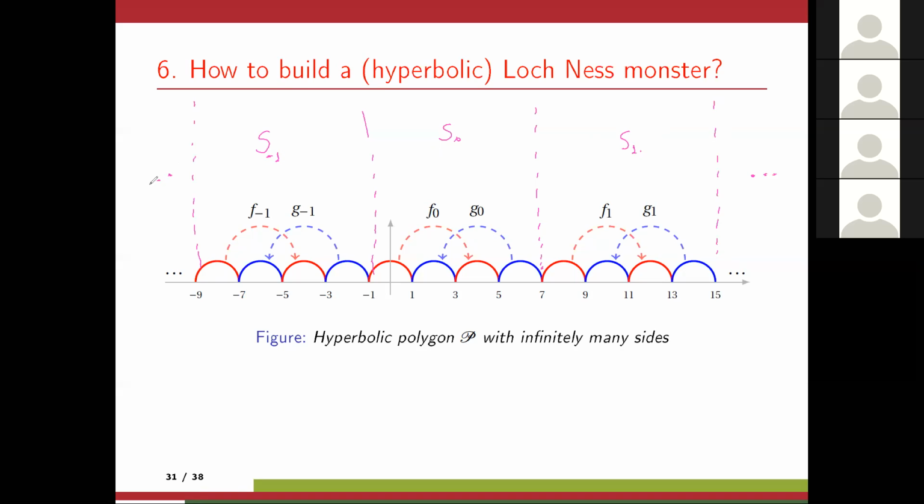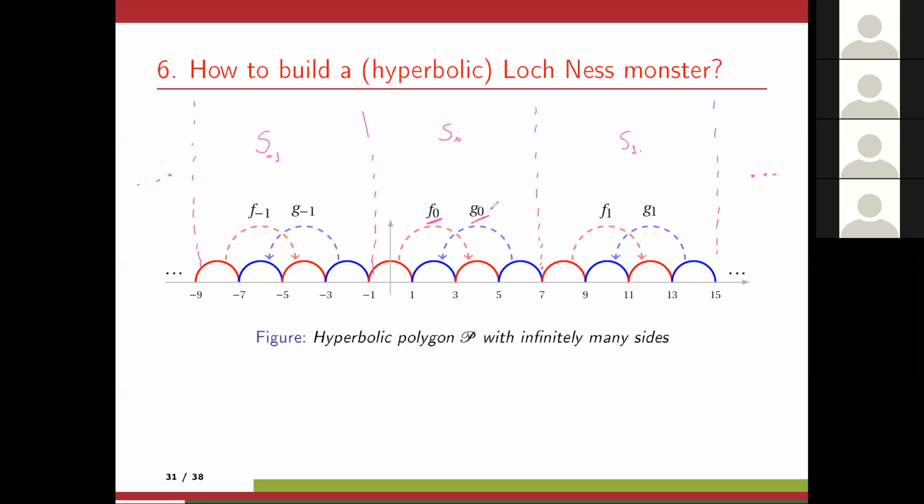Look at the first strip. There are 4 half circles colored red and blue. The red ones are identified using a Mobius map F0, and the blue ones using a Mobius map G0.